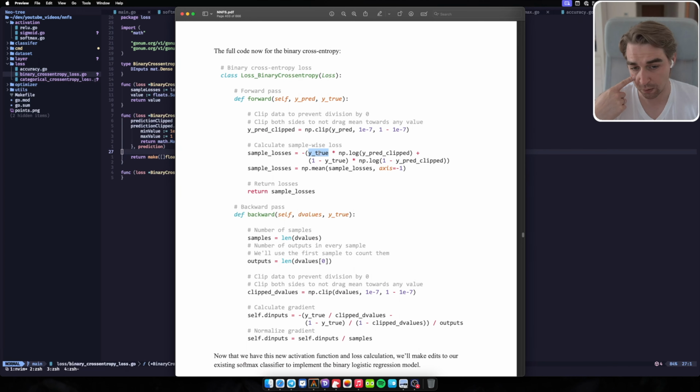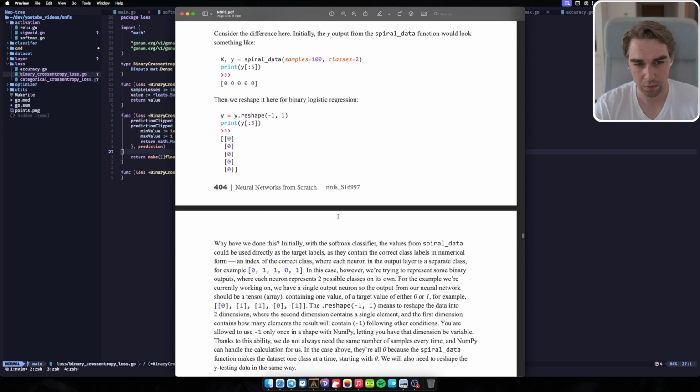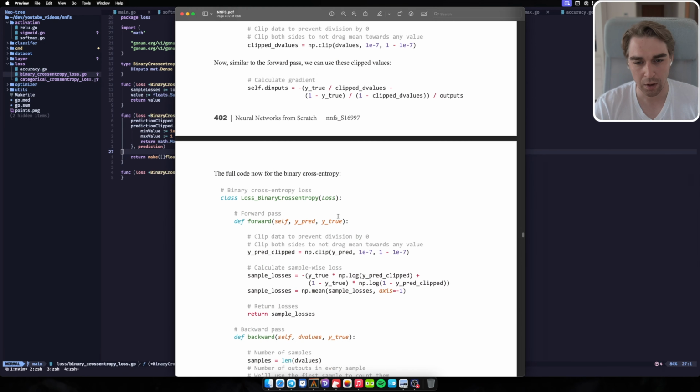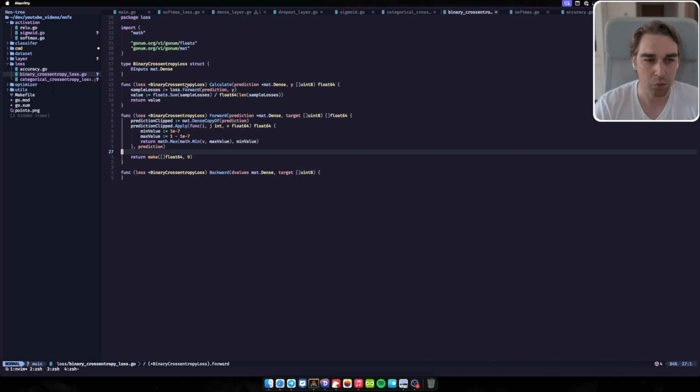I guess I need to convert it into a one-hot array, because here the predicted, at least now. Maybe we're going to actually change it. What confuses me is that, at least in the categorical cross entropy loss, the y predicted goes from here.